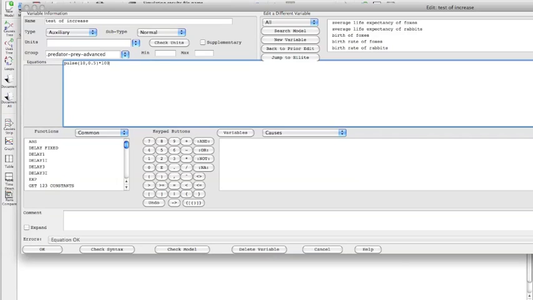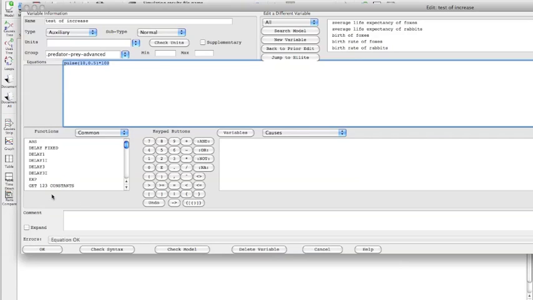The idea here is that in this model, there is a pulse of rabbits introduced after time equals 10 years for a duration of 0.5, for a duration of 6 months. The size of the pulse is 100 rabbits. So the idea is that there's an intervention, and the intervention is to add a sudden pulse of rabbits into the system. We're going to see what the impact of that is.